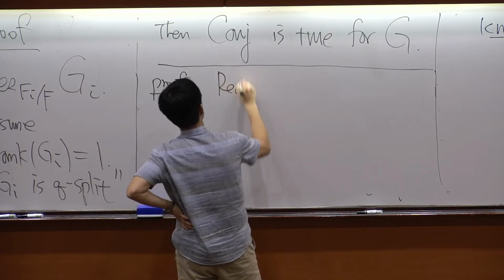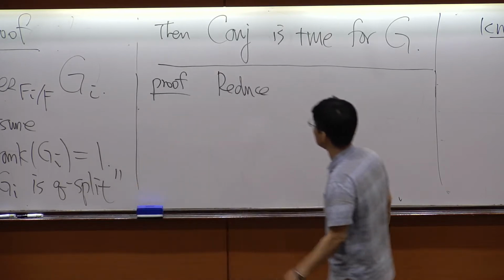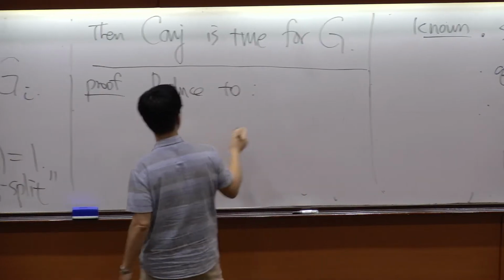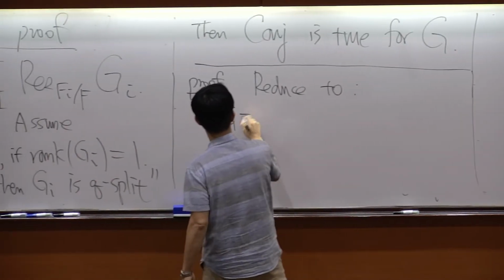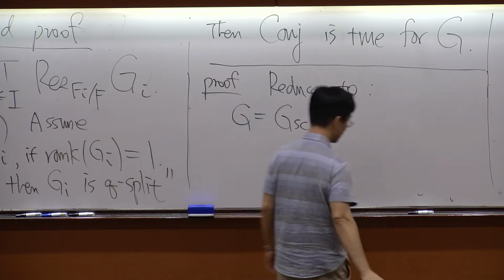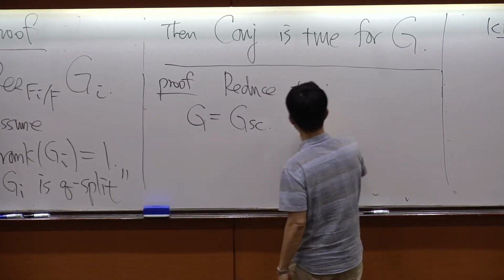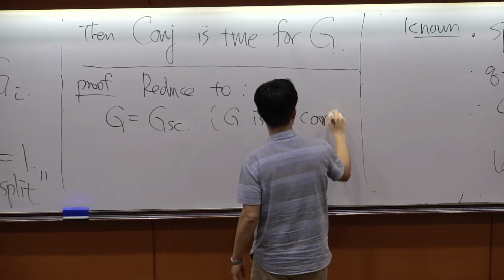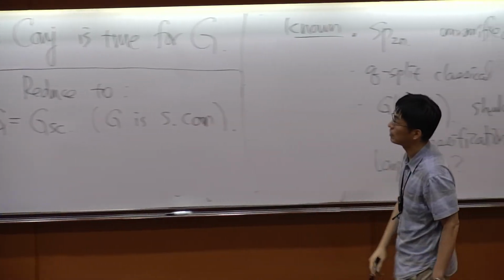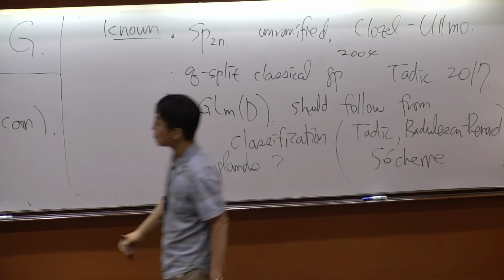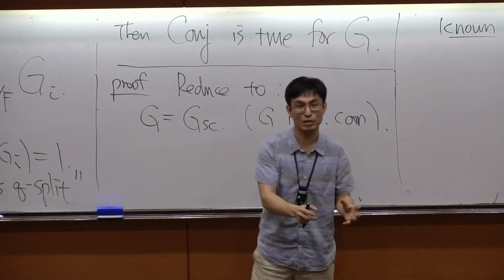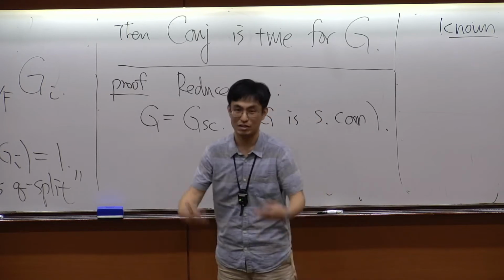It's relatively standard to reduce to the case where G itself is a simply connected semisimple group. The idea is basically you just pull back from G to G simply connected times a suitable torus, say a central torus.